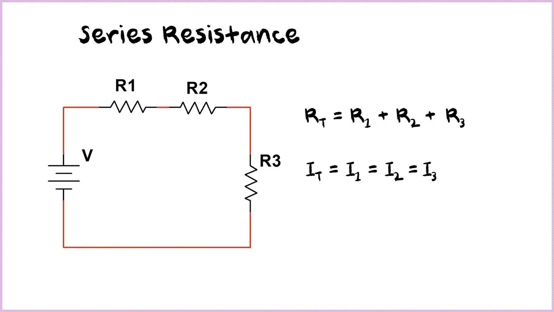All the current flowing through the circuit is the same, which is now our formula: IT equal to I1 equal to I2 equal to I sub 3. And our voltage is just adding all the voltages across the individual resistors, which is equal to V1 plus V2 plus V sub 3.